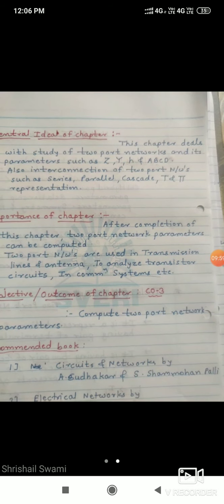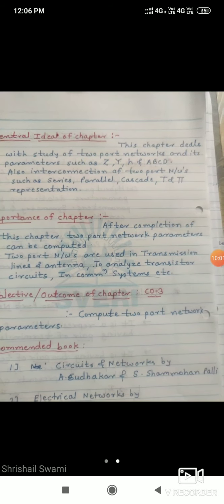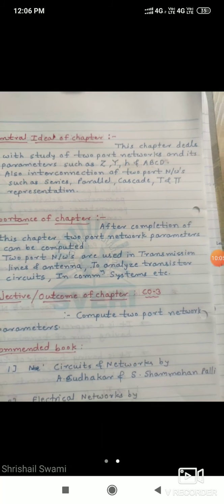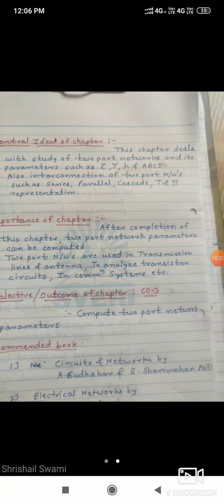To analyze a parallel circuit, we can use the admittance parameters, that is Y. H parameters have a number of applications, especially to analyze transistor circuits, JFET circuits, etc. You already learned or are learning this in the ECAD subject.